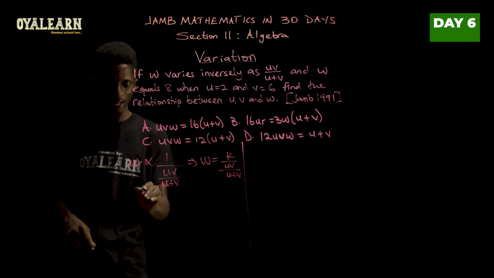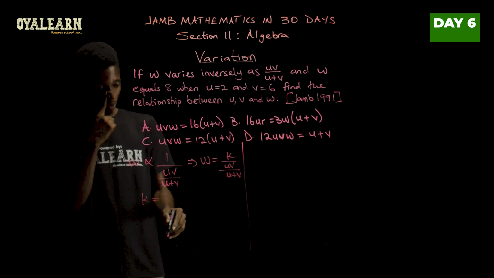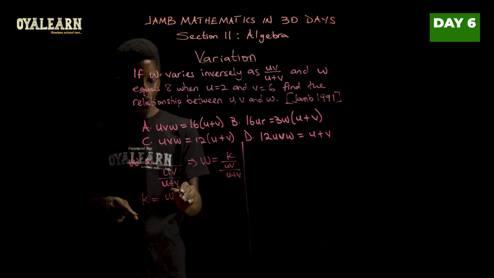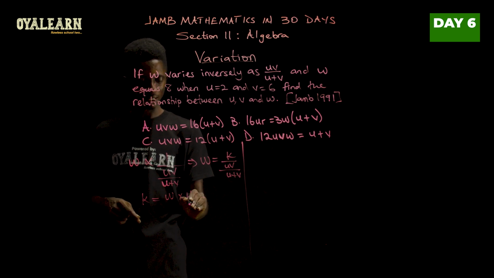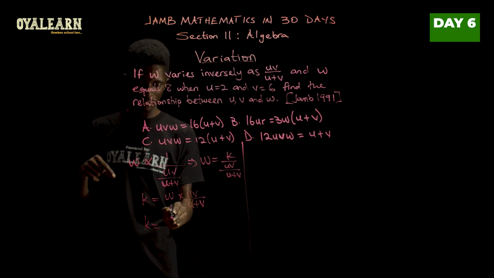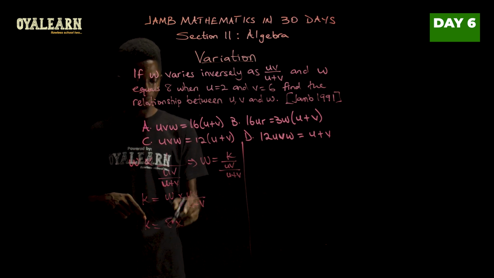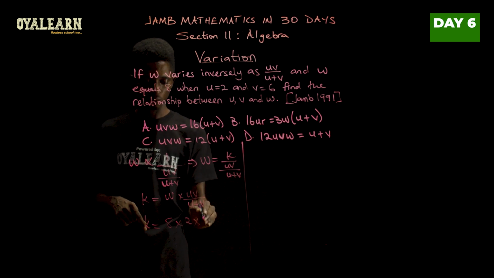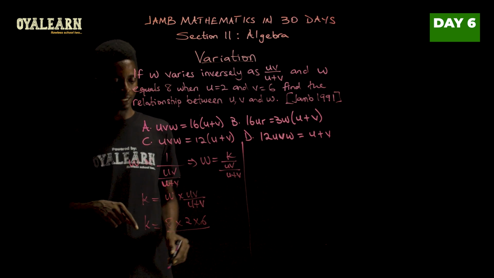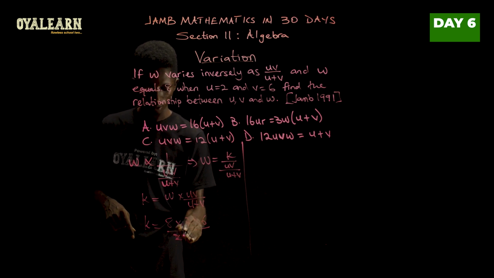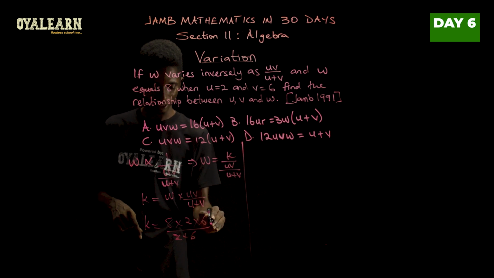Now we can cross multiply to get k, and then k will become the product of these two. So we'll have w multiplied by uv divided by u plus v. So k would therefore be, now w is 8, times u, that's 2, times v, which is 6, all divided by u, that's 2, plus v, that's 6.